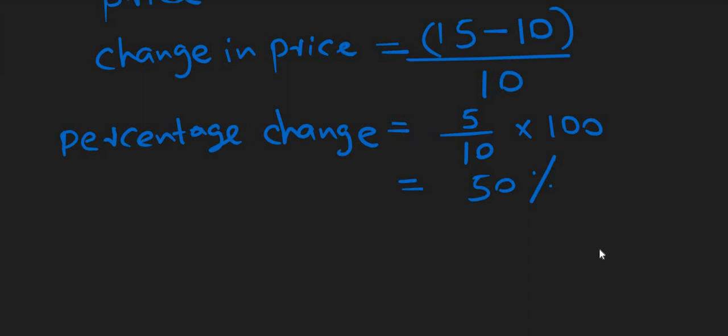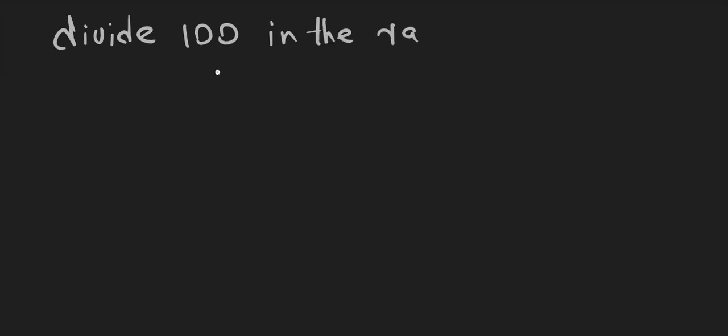Now let's look at how we can deal with ratios. A ratio is simply an alternative way of expressing fractions. For instance, let's say divide 100 in the ratio of 2 is to 8.